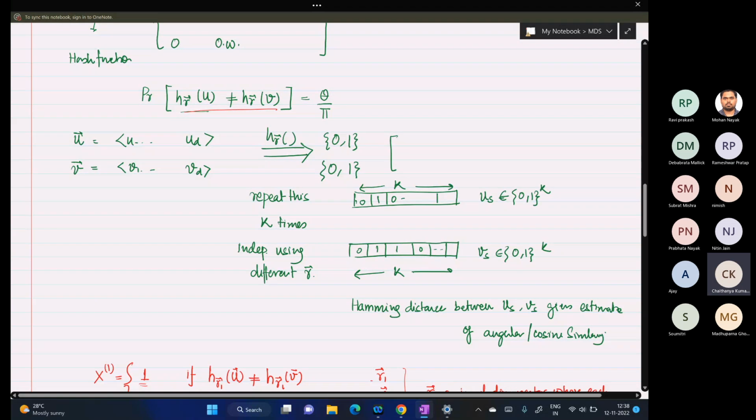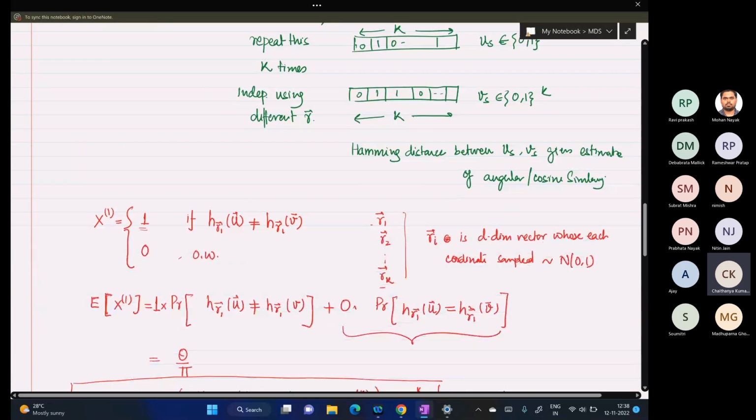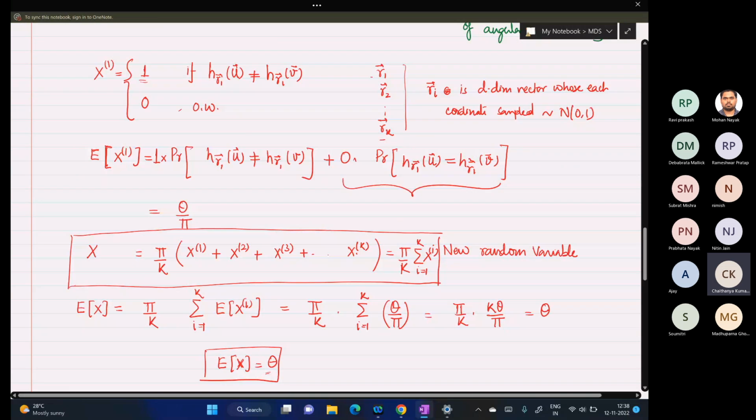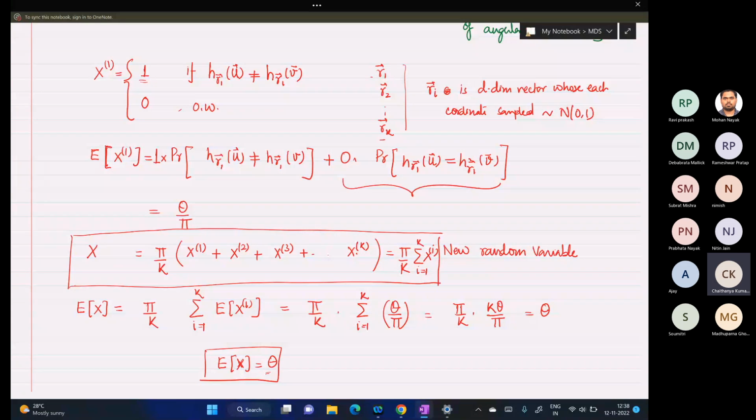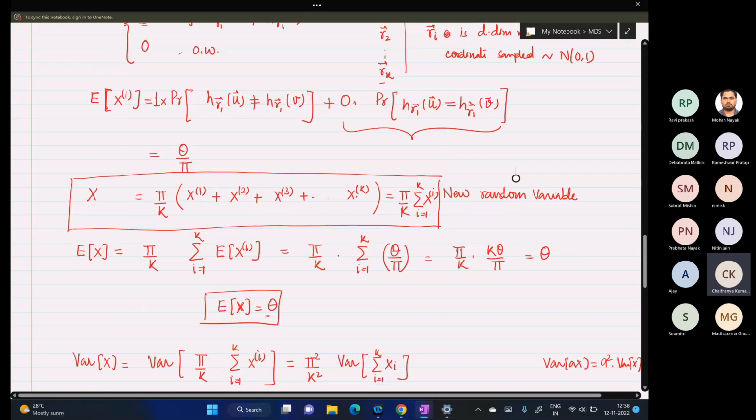Sir, we calculated the expectation for this new random variable, right? Yes. So why didn't we directly take theta as expectation of x in the variance calculation? Where? Can you go one or two lines lower than this?